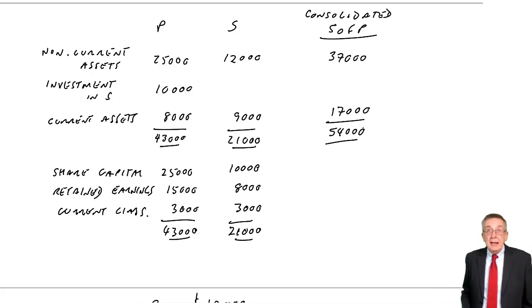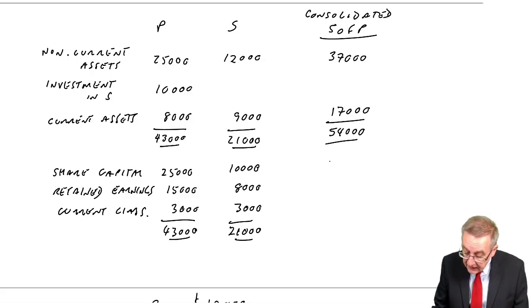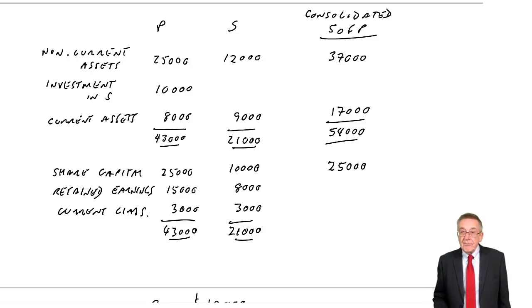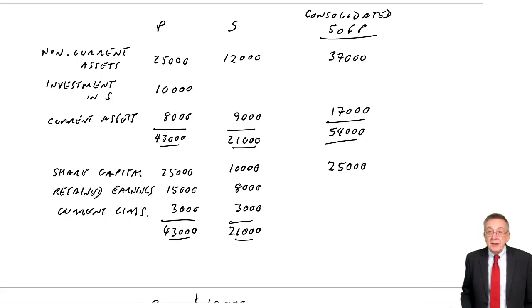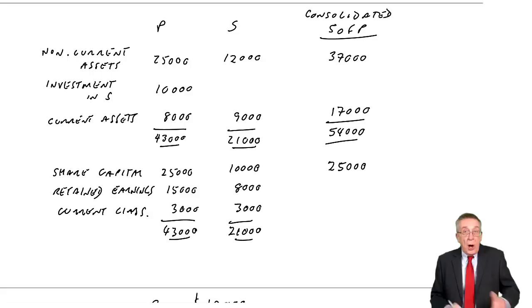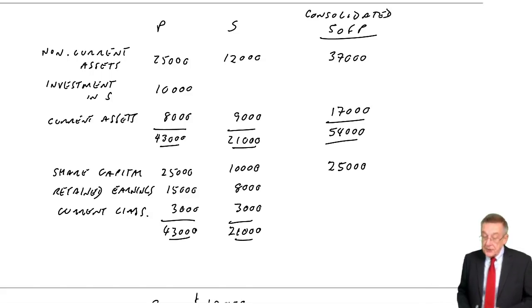Who owns that company? It's the shareholders in P who own everything. And so the share capital of P is 25,000. The retained earnings, add them up. P has earned 15,000. S, which is owned by P, since the day we bought it, has earned 8,000.